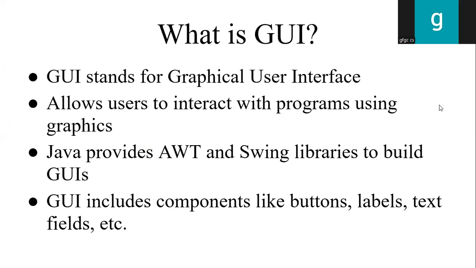GUI stands for Graphical User Interface, which allows users to interact with programs using graphics. Java provides AWT and Swing libraries to build GUIs. GUI includes components like button, label, text fields.